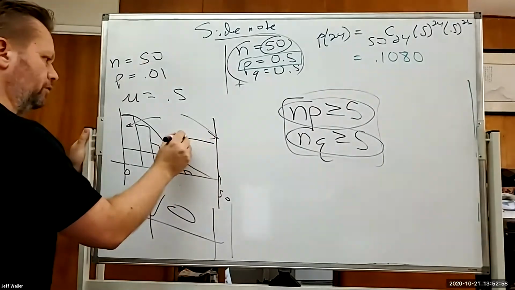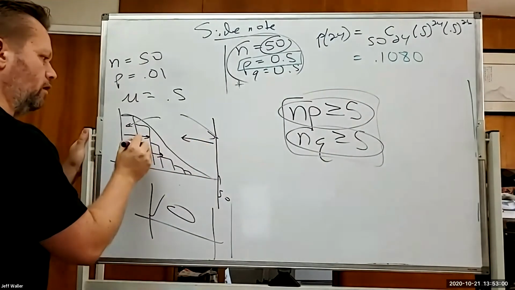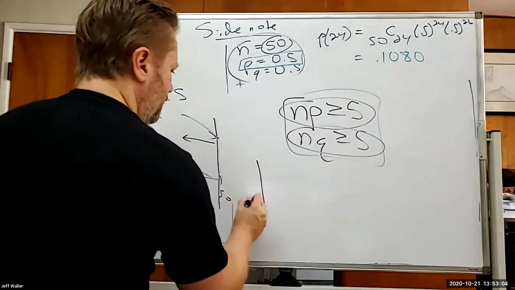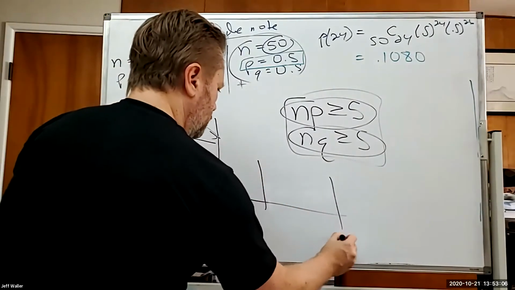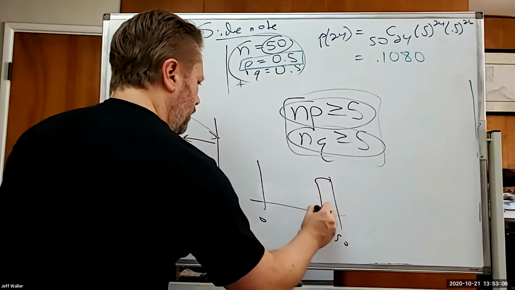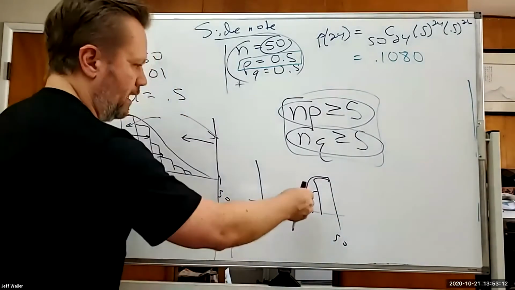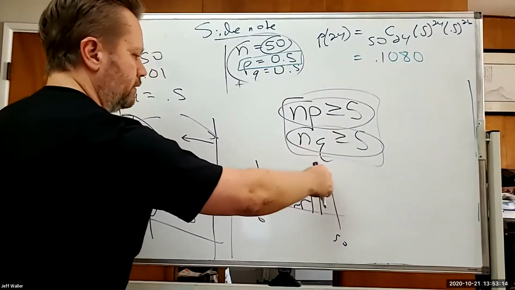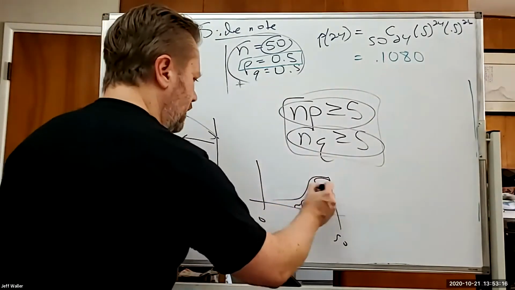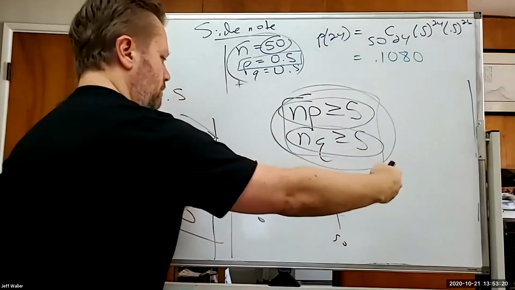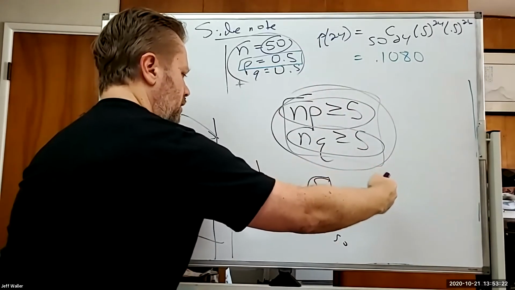It tries to pull it away from both of the walls. If I put my highest bar against that wall, it's got no chance to look normal. It's got to be somewhere in the middle, and that's what these two do. It makes the highest bar be in the middle somewhere.